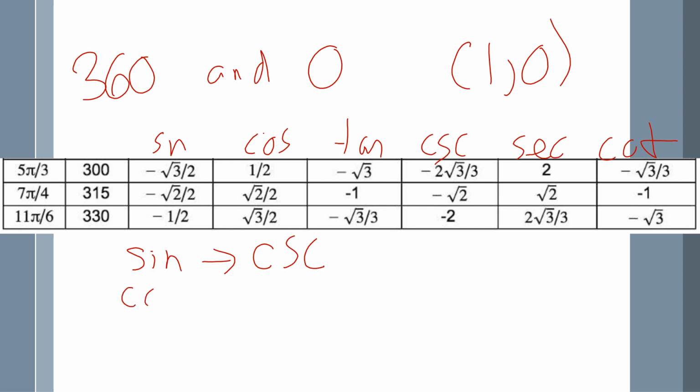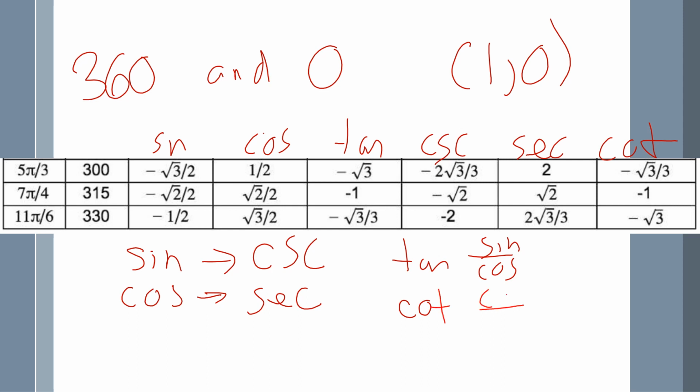If I'm saying the inverse of cosine, I'm saying secant. And then if I'm saying tangent, I'm saying sine over cosine. But if I'm saying cotangent, I want you to do cosine over sine. It does have 1 over tangent too, but that's going to confuse you. So just remember what cotangent is.